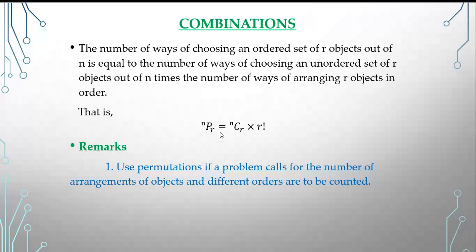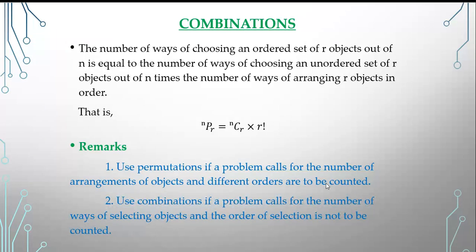So we use permutations if a problem calls for the number of arrangements. If different orders are to be counted, meaning order matters and we need to calculate the arrangement of objects, we use the permutation.